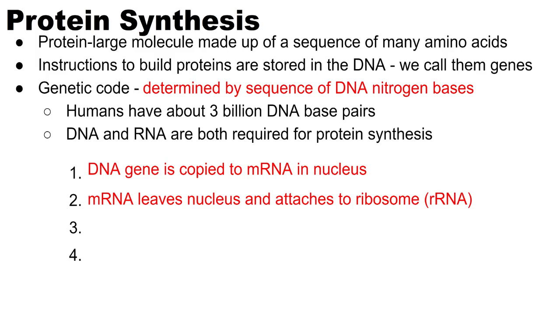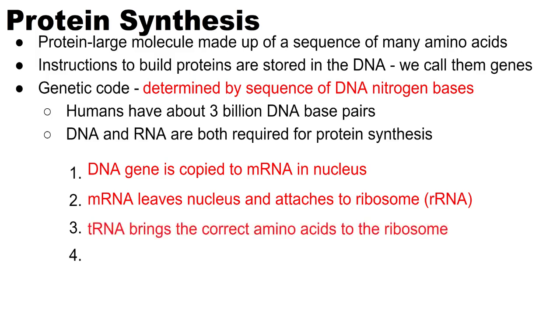So this messenger RNA that has the instructions goes to the ribosome. The ribosome is also made of RNA. The messenger RNA brings the instructions there, to tell the ribosome how to start creating this protein. And then the third type of RNA, which is called transfer RNA, starts bringing in the correct amino acids.